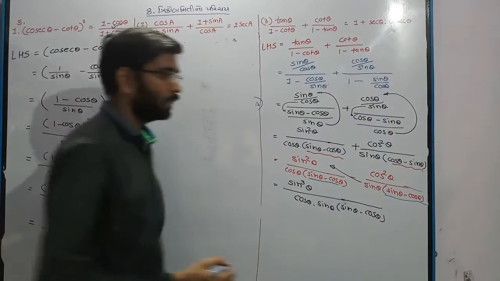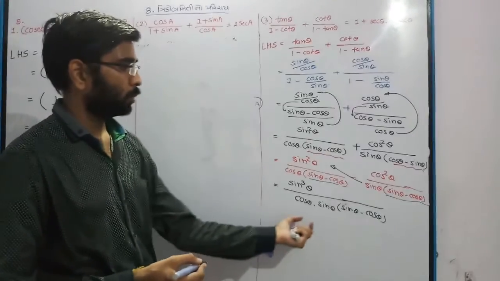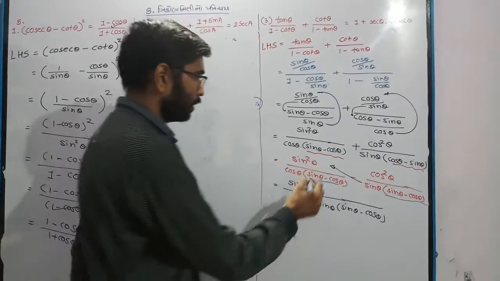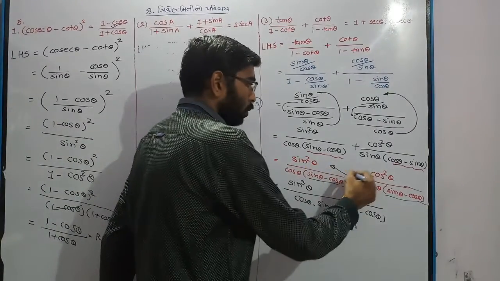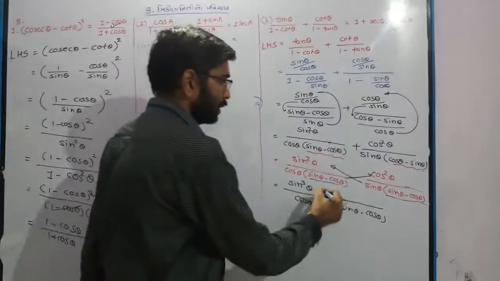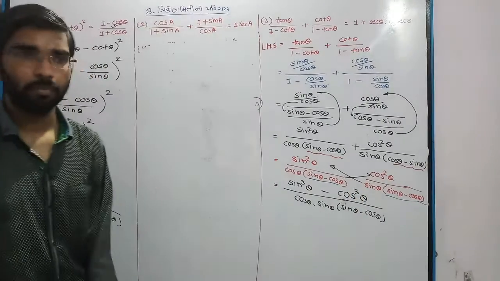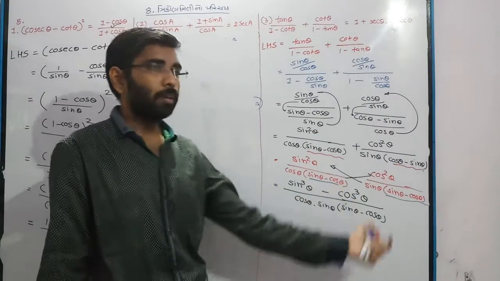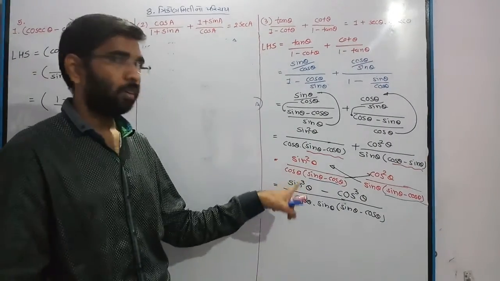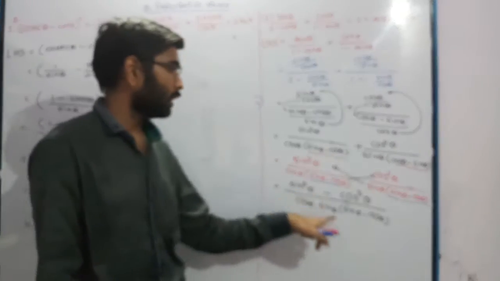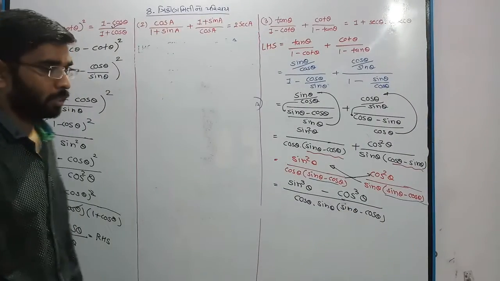So our LCM is sin theta minus cos theta into sin theta into cos theta. Also cos theta multiplied with cos square theta gives cos cube theta. So we get sin cube theta minus cos cube theta upon LCM, which is sin theta into cos theta into bracket of sin theta minus cos theta.